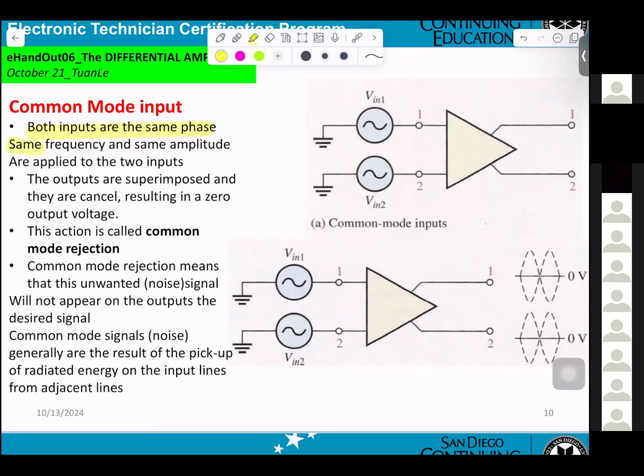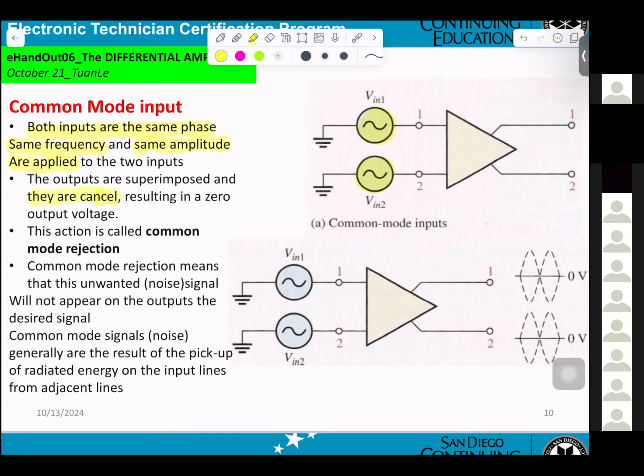Same frequency and same amplitude are applied to the input. You can see that one here and that one here, identical. See what happened? The outputs are superimposed and they cancel.